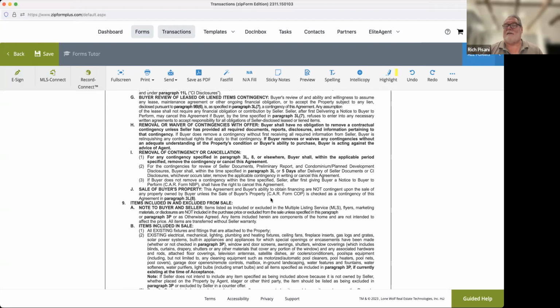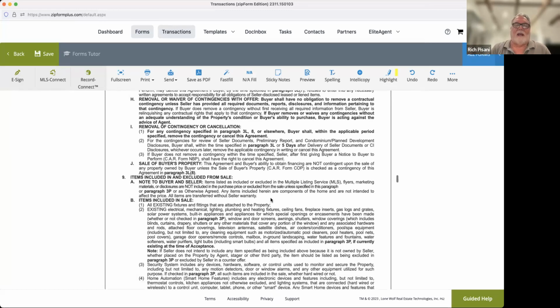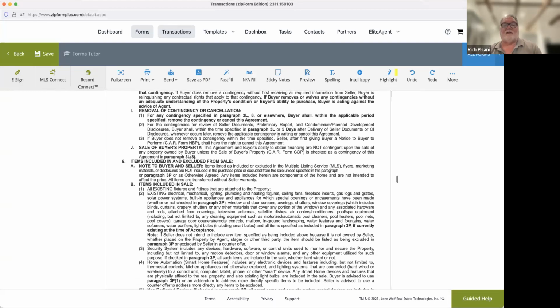They made them passive contingencies, meaning that if you had 10 days to remove a contingency, at the end of those 10 days, it was gone without any written notice. So it's important, if you're getting brokerages' own contracts, make sure you advise them to seek the advice of their own attorney. You can't advise them on that.